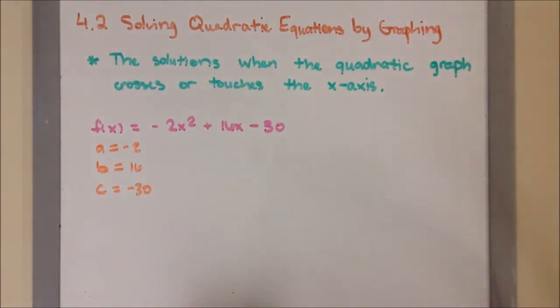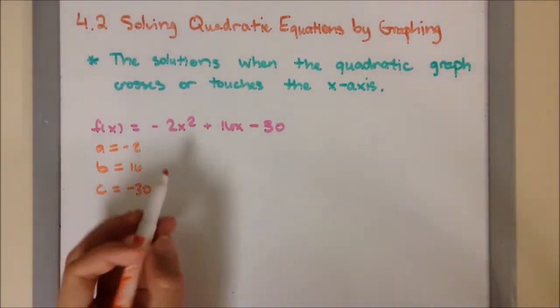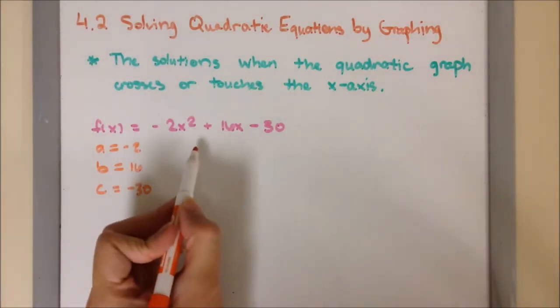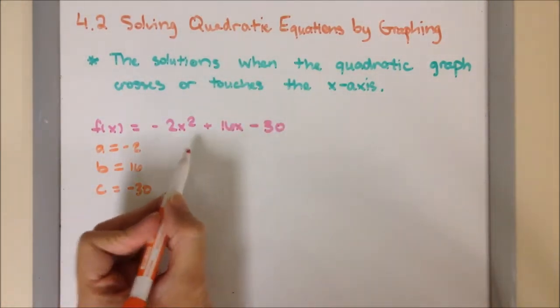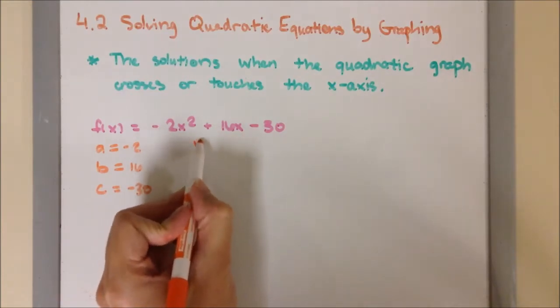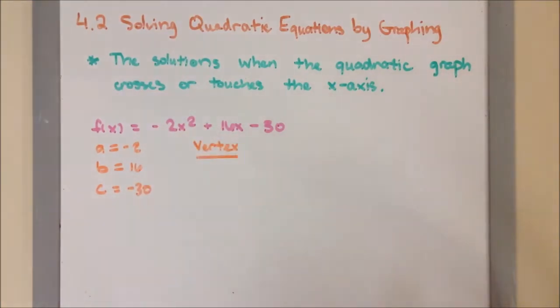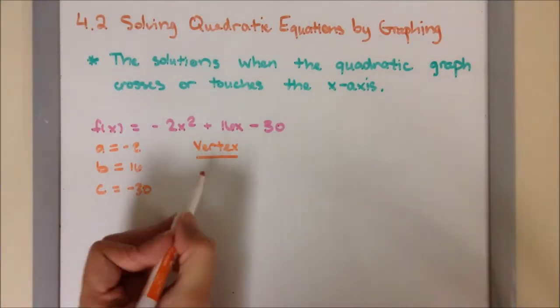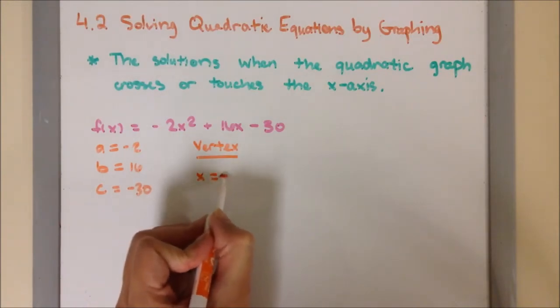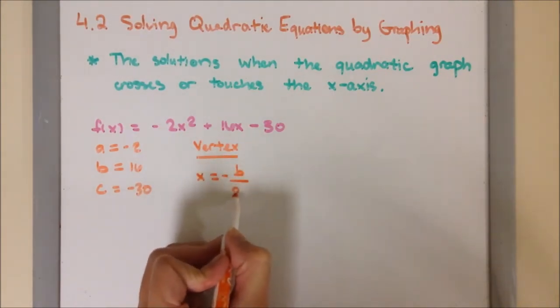Alright, for this one, first you must determine the vertex when it comes to graphing. So for the vertex, you're going to use the same formula as our AOS or axis of symmetry. x equals negative b over 2a.